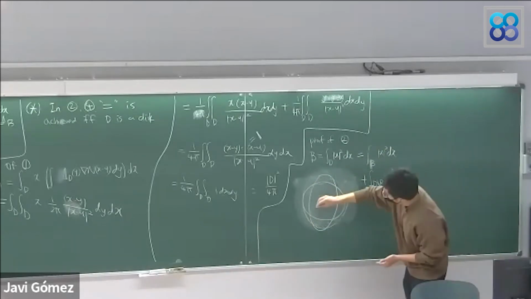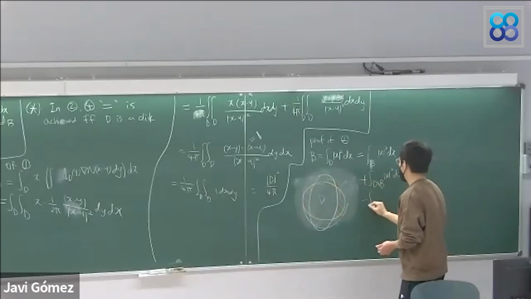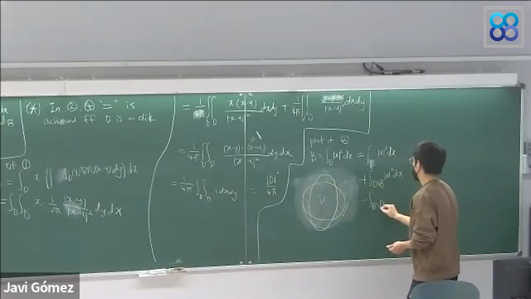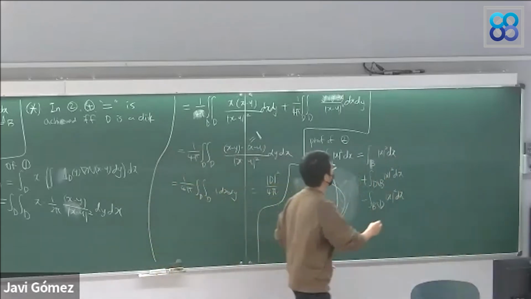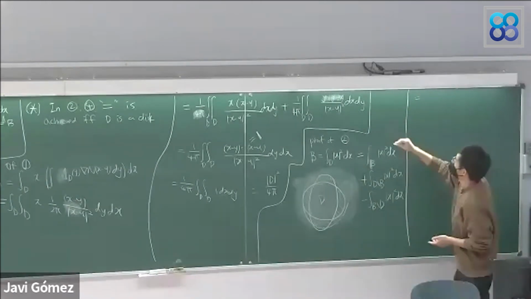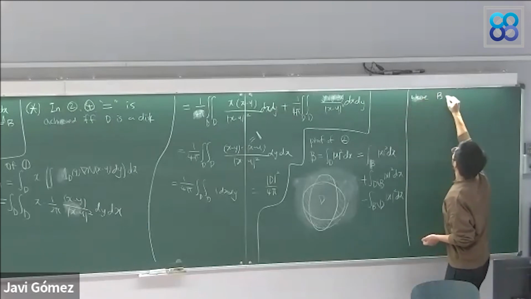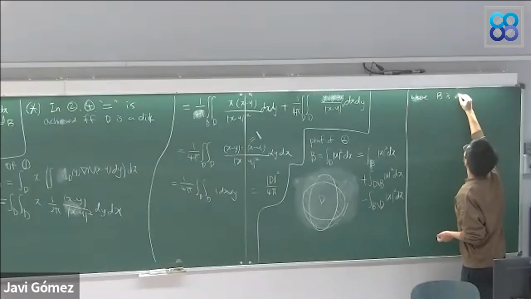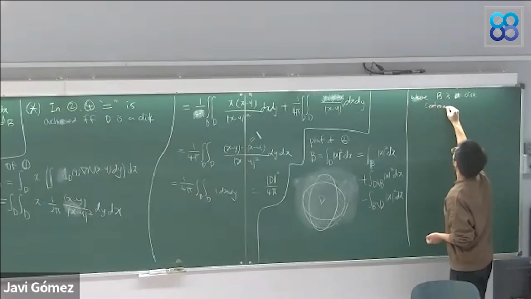So we have to subtract this portion here, which is going to be the integral over B minus D of x squared dx. So here, D is a disk centered at the origin.